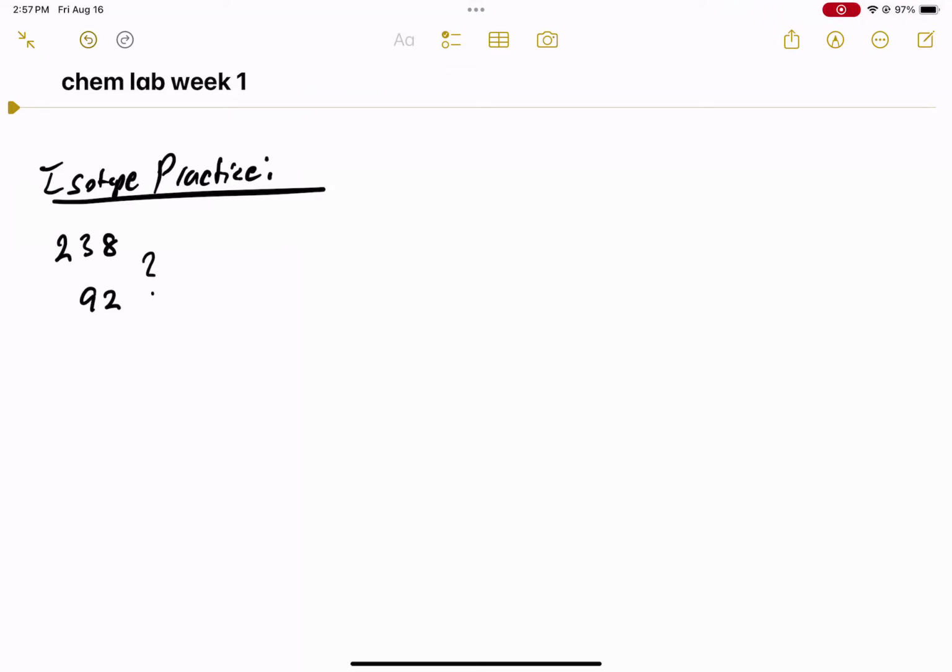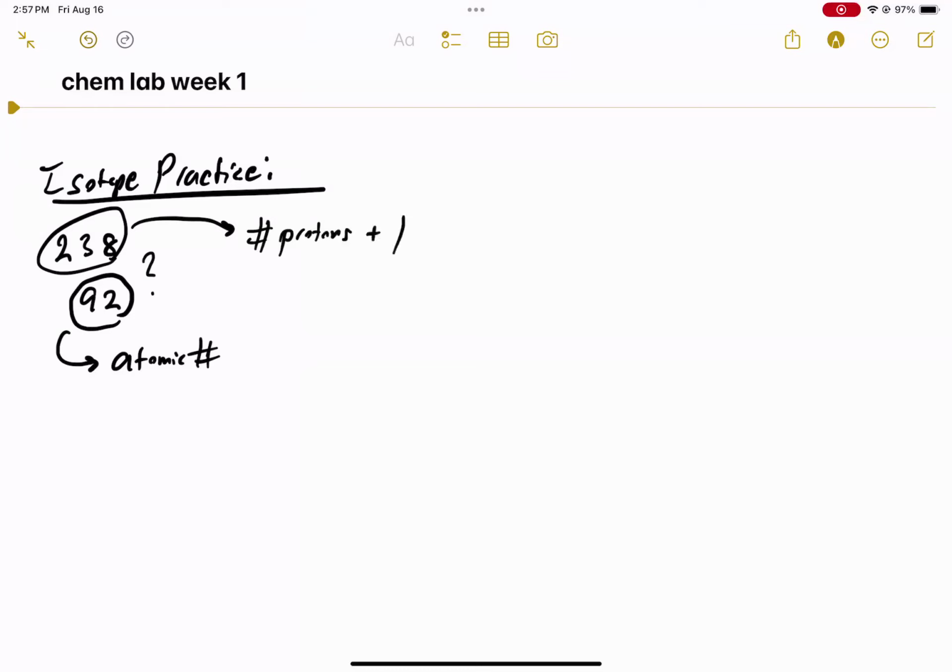If you remember the structure of how you represent these elements, this value represents the atomic number, and this is the number of protons and the number of neutrons. And a side note, the atomic number is equivalent to the number of protons we have. We also need to remember that the atomic number is unique to each element.